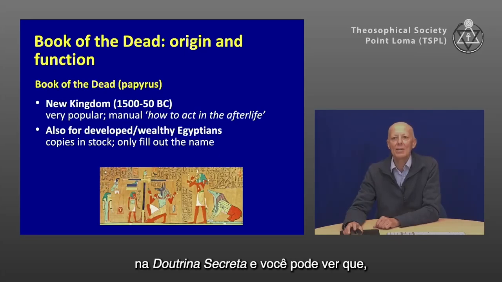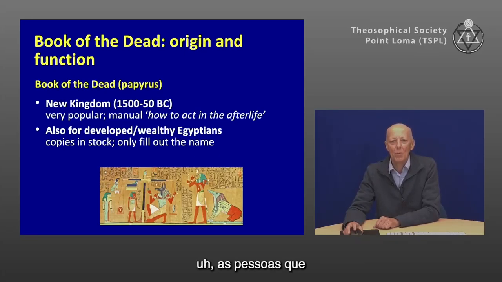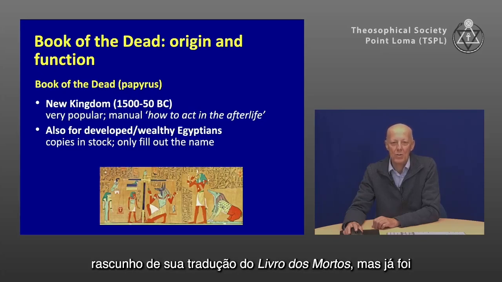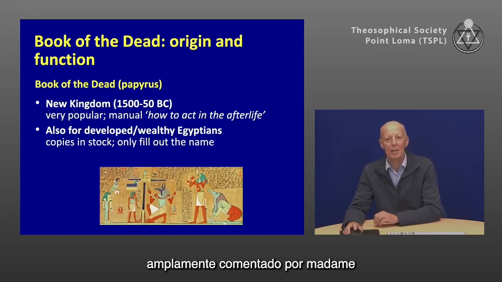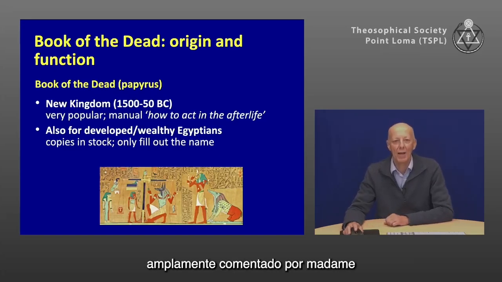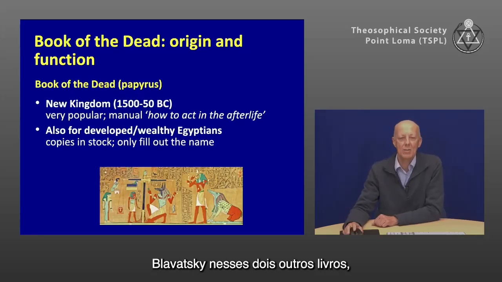And you can see that the people who, together with Madame Blavatsky, prepared those books knew and had at their disposal the Egyptian Book of the Dead. Because Wallace Budge only issued in 1890 the first draft of his translation of the Book of the Dead. But then it was already extensively commented on by Madame Blavatsky in these two other books.